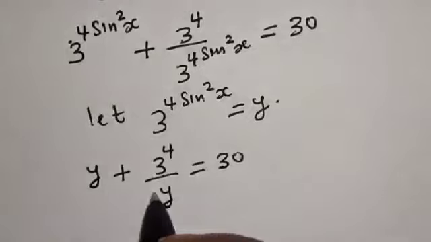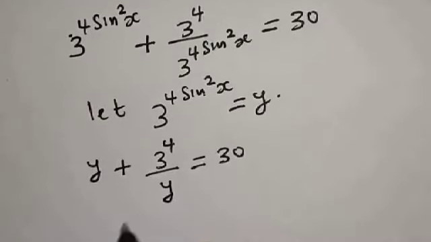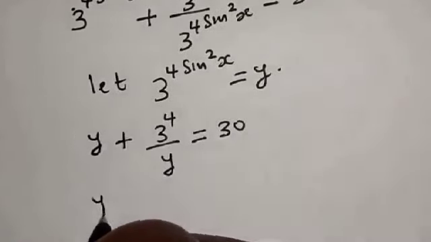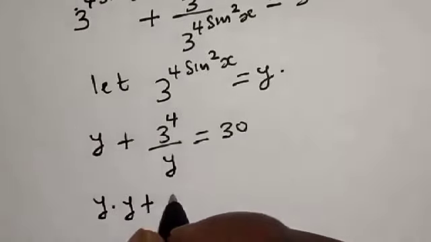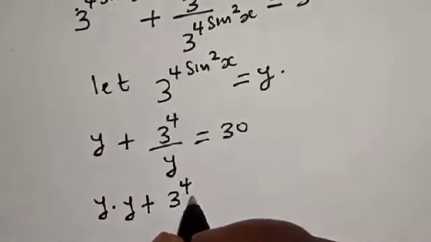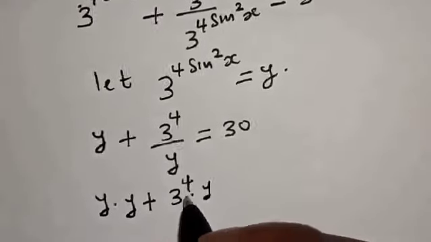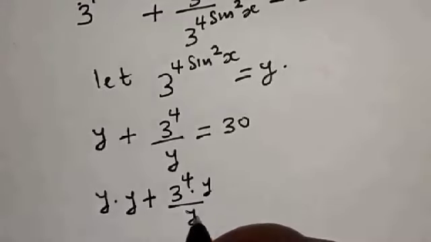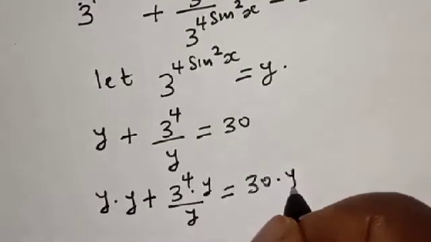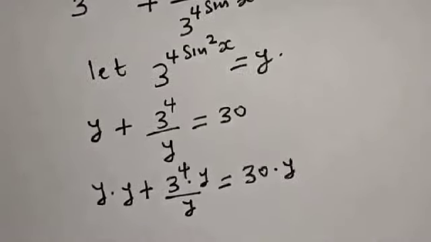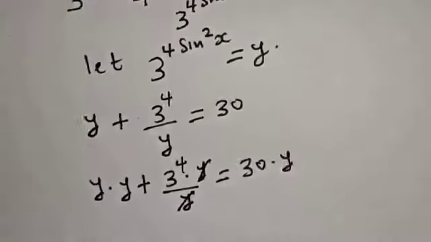Now let's multiply all through by y in order to eliminate this. We have y multiplied by y plus 3 raised to power 4 multiplied by y over y is equal to 30 multiplied by y. Then this one will cancel this.